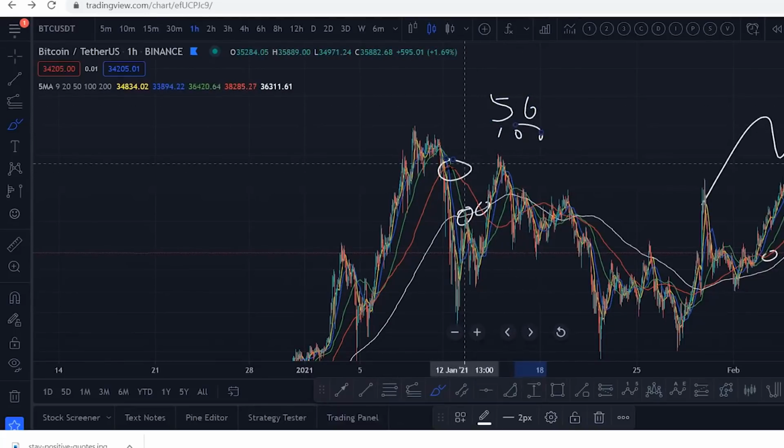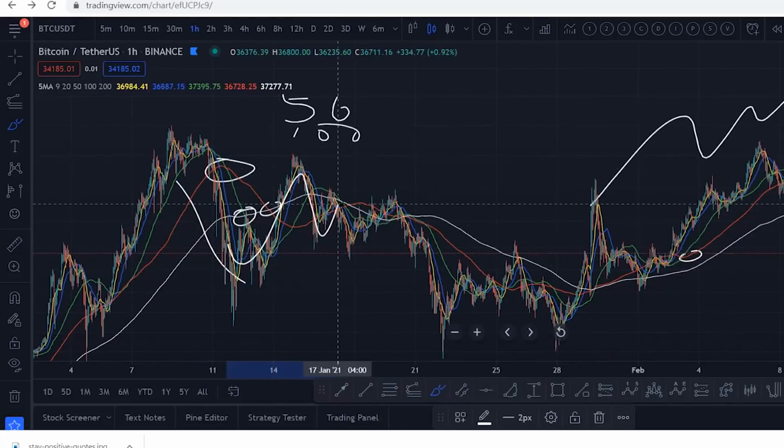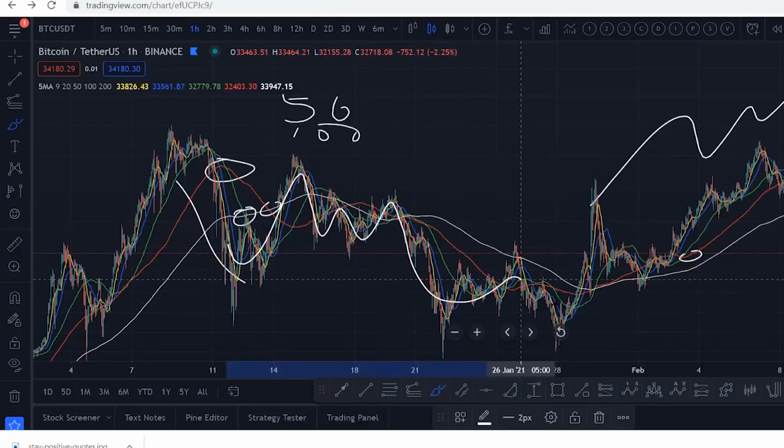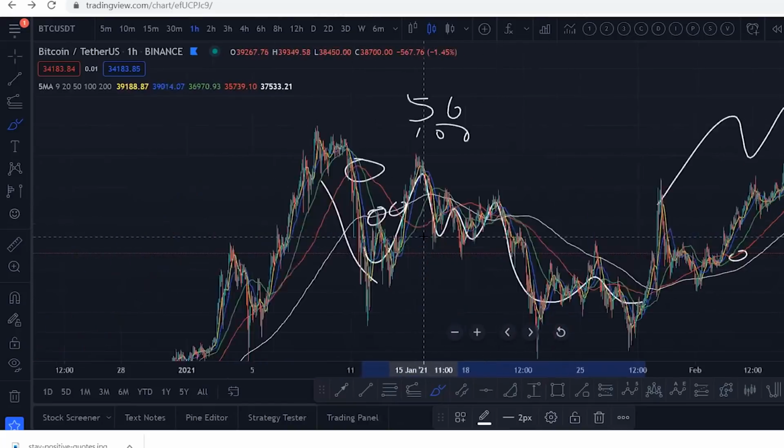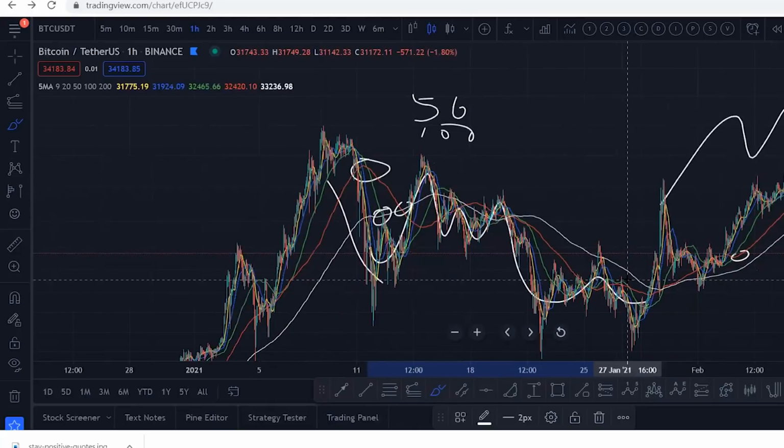Okay, so this is a dead cross of 50 and 100, and what happened to the price? It goes down. Okay, but you can see the market is indecisive, still undecided. There is still consolidation. So normally some traders will just do a scalping but not a swing trade on this kind of market.